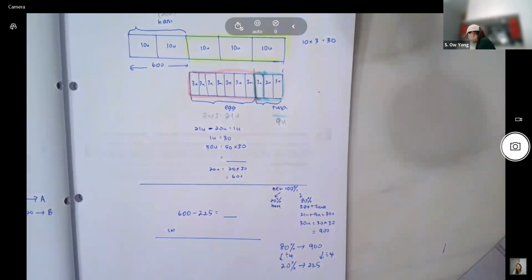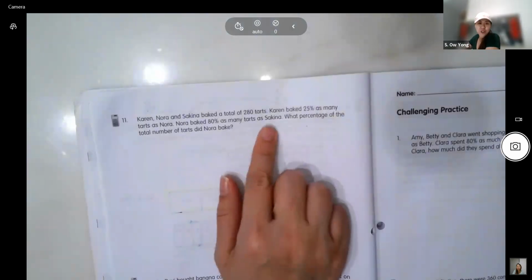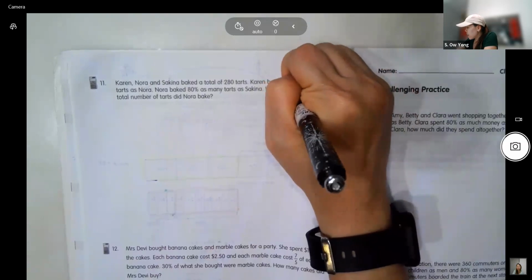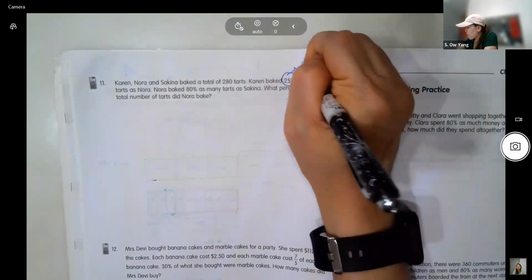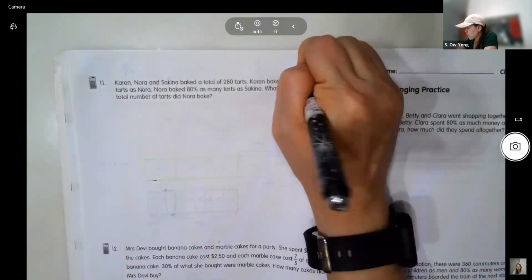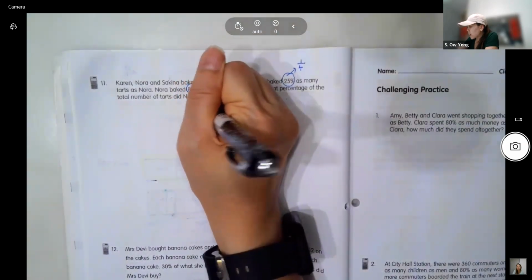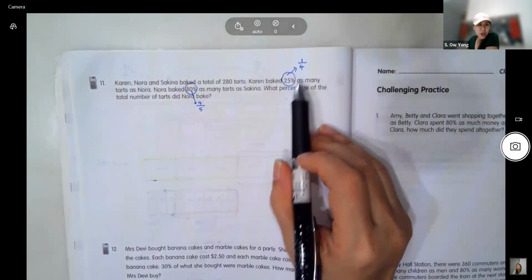All right. So for question 11 and 12, that will be your special homework because I cannot be giving video teaching for all the questions. So for question 11 and 12, it is your turn to go and solve the question. Firstly, you need to actually learn how to draw the model by converting the percentage to fraction. After a while, you will know that your 80% is 4 out of 5, 20% is 1/4.